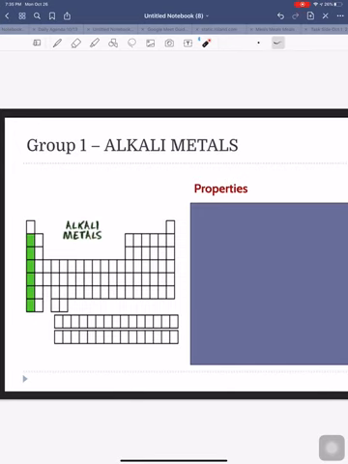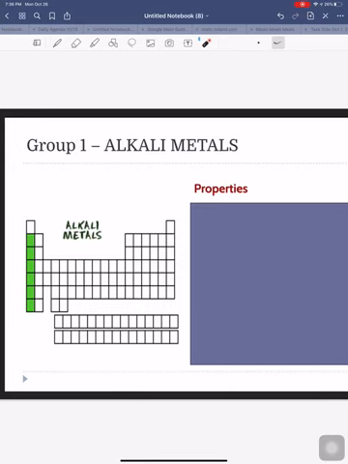Alkali metals is the family name that we give to group 1. Everything in this column, with sodium and potassium and francium and cesium. Hydrogen is in the group, but it is clearly not a metal. So, riddle: why does hydrogen have to stay number 1, on top of the rest of the alkali metals?